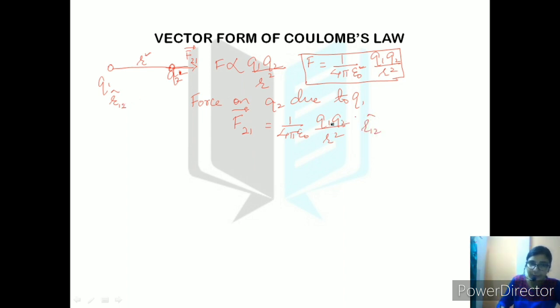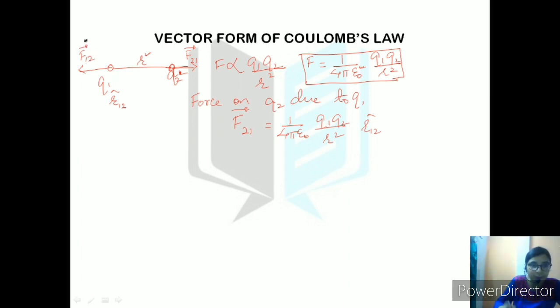Right, that is R12 cap. Clear? Similarly, now what is the force on Q1 due to Q2? There will be a force of repulsion as these two are positive. So this is the direction of the force acting on 1 due to 2. Am I clear?